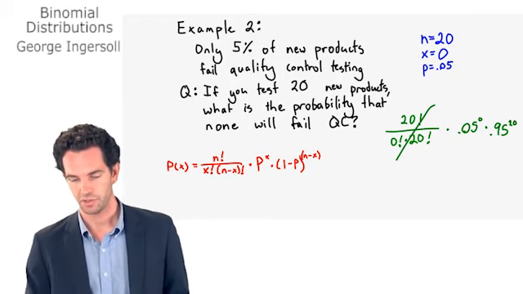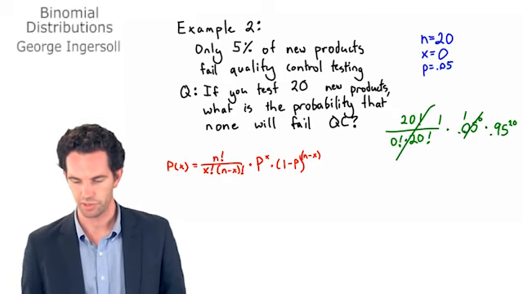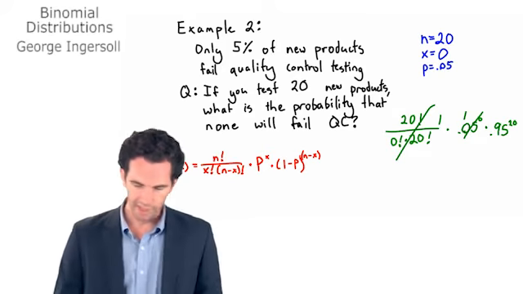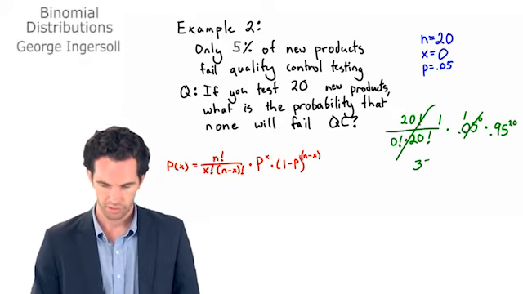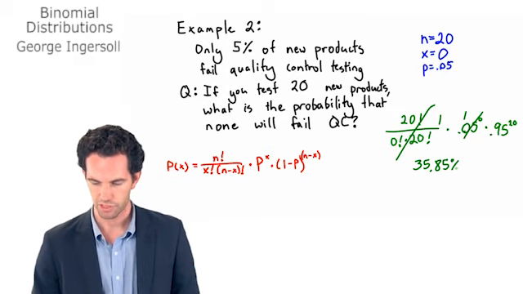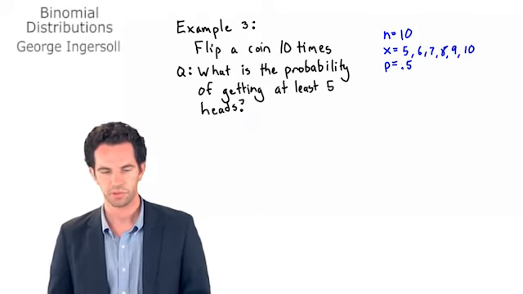That simplifies out to 1. 0.05 to the 0th power also simplifies out to 1, so we have 1 times 0.95 to the 20th power, and that is equal to 35.85%. All right, moving on to our third example.